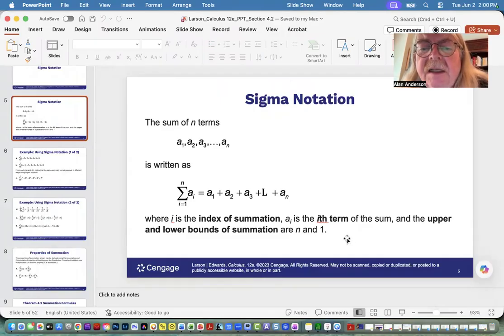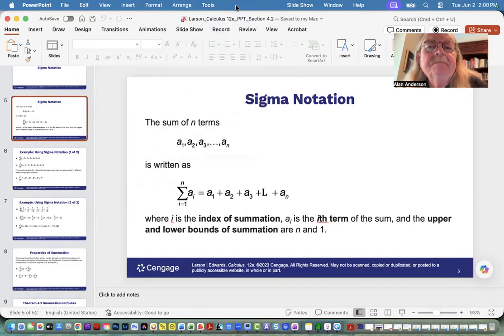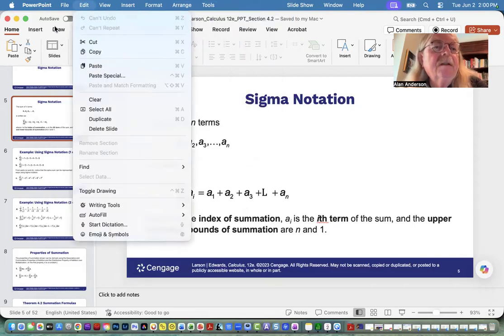Now, I don't know what happened here. This is one of the peculiar things about switching back and forth between Macs and PCs. I've seen this before. Sometimes when there are special symbols, they don't show up correctly on one of the platforms. You can see here, this L is clearly not what they meant. Oh, here it is.